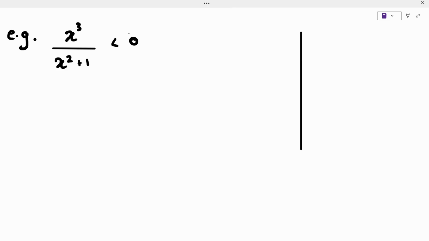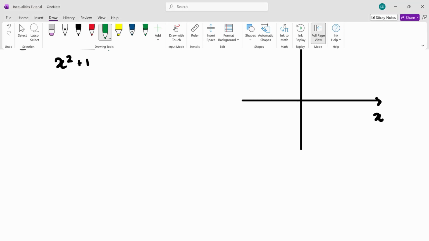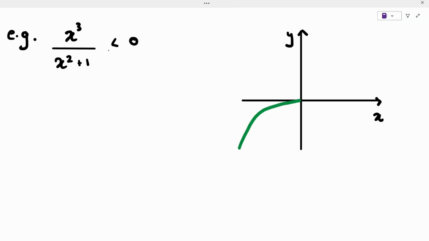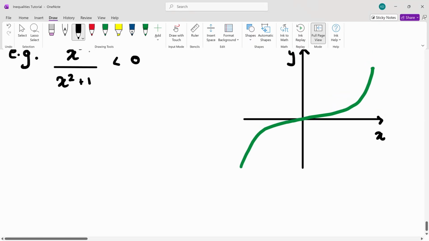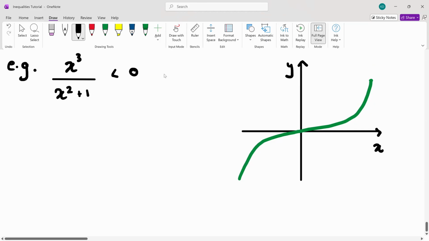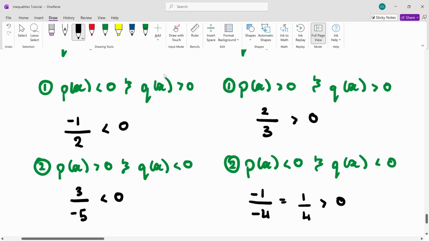Well, technically we could, but it is a bit difficult, because the graph of the function x cubed over x squared plus 1 looks something like that, and that is not exactly something that we could just sketch easily. With quadratics, it is easy to sketch a curve, but with these rational expressions, it's not so straightforward. So that is why we're going to rely on our rules here.